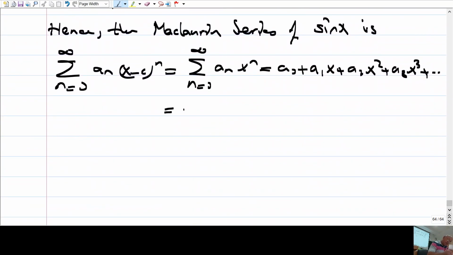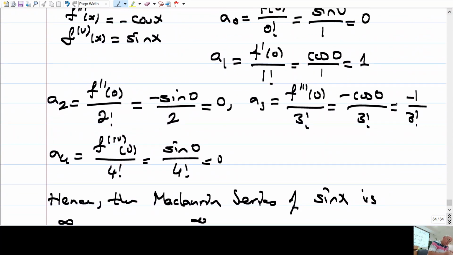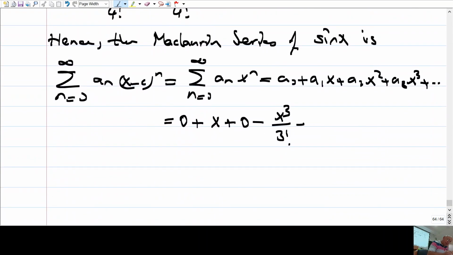So it's like this. 0 plus x plus 0 minus x cubed over 3 factorial, and then I will have 0, and then x to the power 5 over 5 factorial.